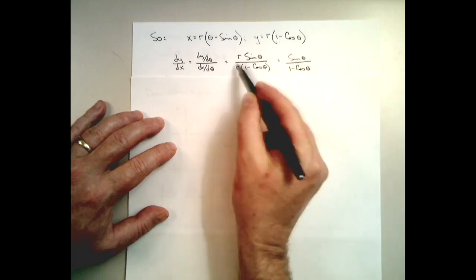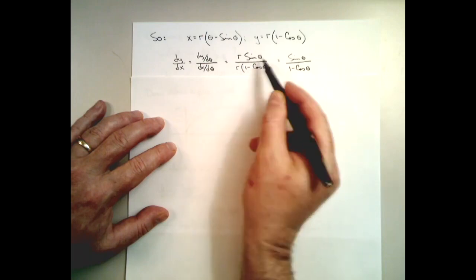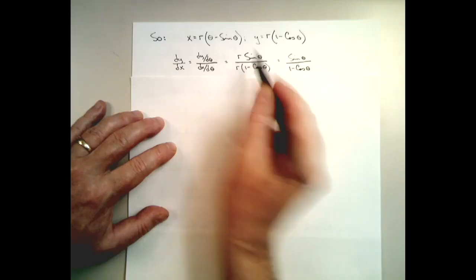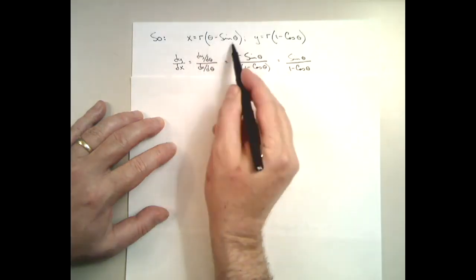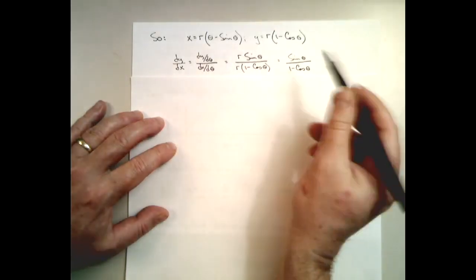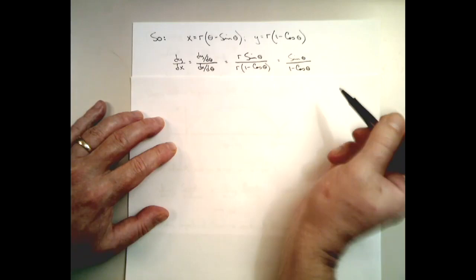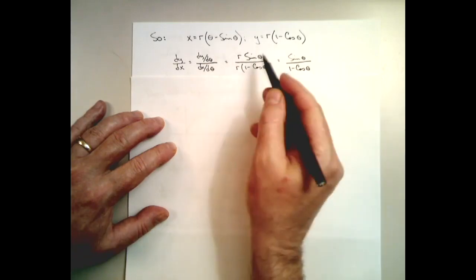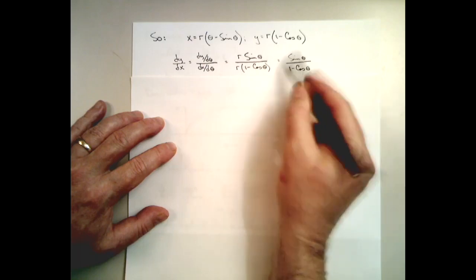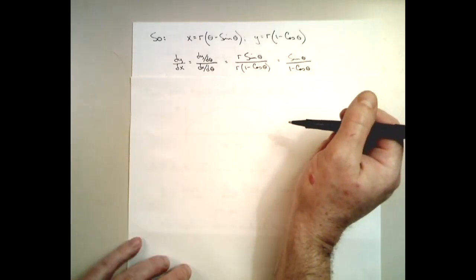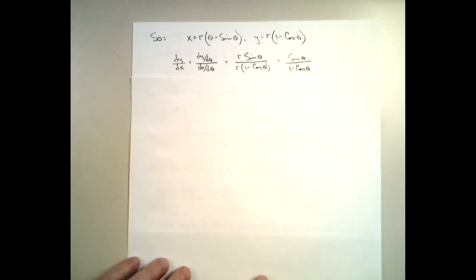And so in total, the numerator is going to be r sine theta, right? dy d theta is r sine theta. dx d theta is going to be r times the derivative of theta minus sine theta. So r times 1 minus cosine theta. And r over r is just 1, so I'll factor that out. And I'm just left with sine theta divided by 1 minus cosine theta.